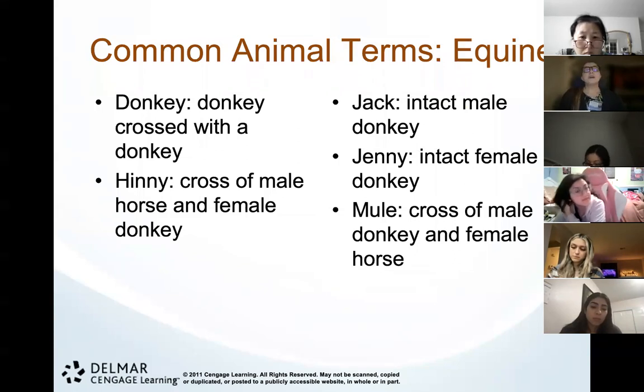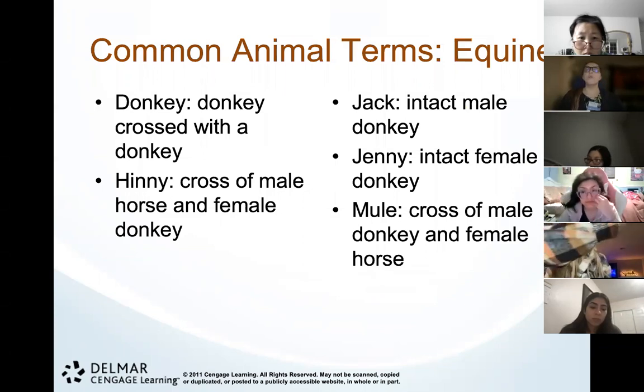Now, what you might not have known is they're not all called mules. We can also cross a male horse with a female donkey, and that's where we get a hinny. Now, we don't see very many hinnies at all. And the reason for that is because donkeys are significantly smaller than horses for the most part.